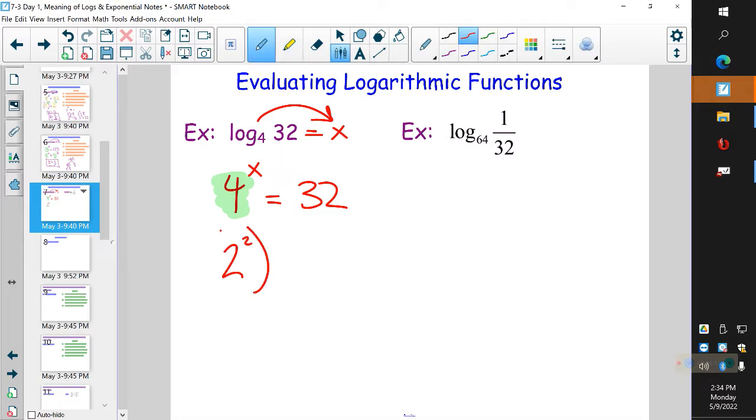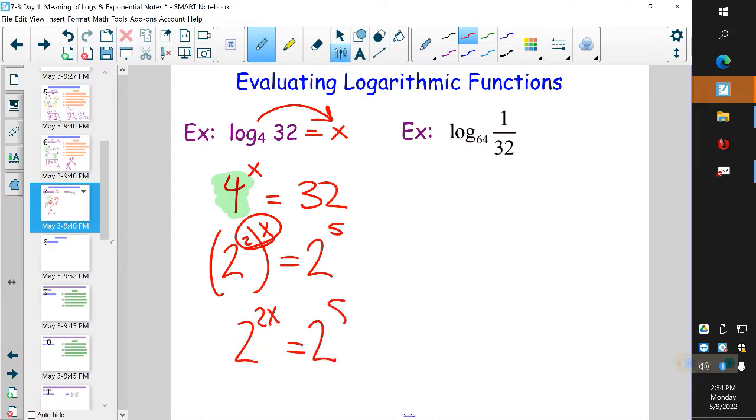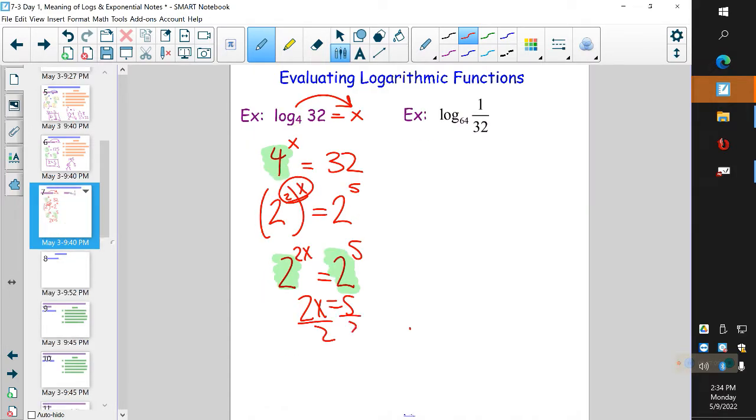How about 2 squared? 32 we learned in our first example was 2 to the 5th. These are attached by multiplication, so you multiply those together. And then you have the same bases, so you are going to have 2x is equal to 5, which means divide by 2, x is equal to 5/2.